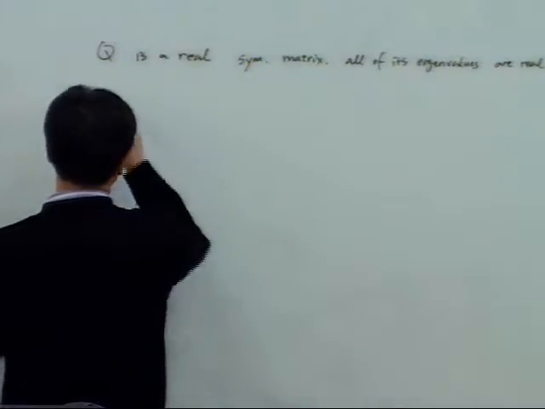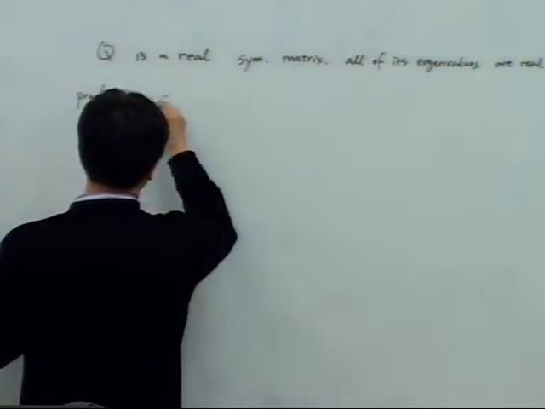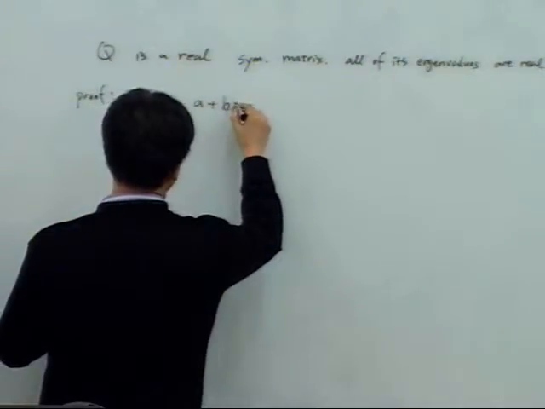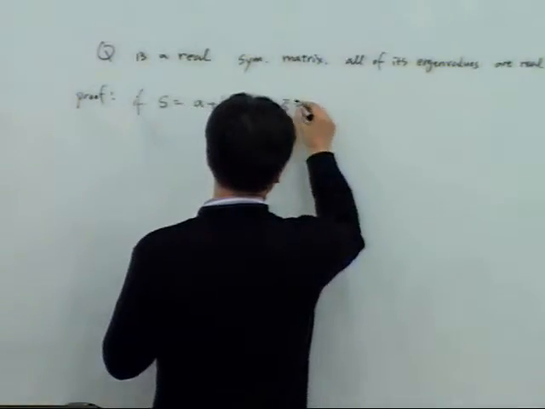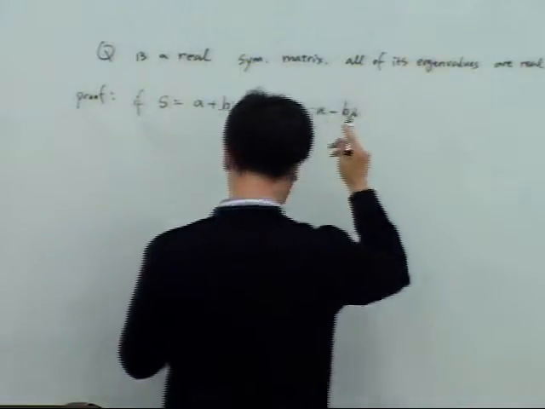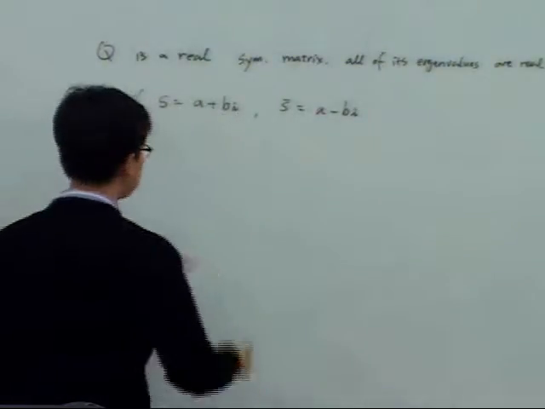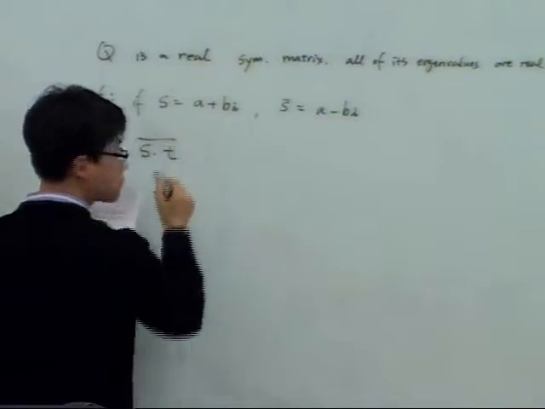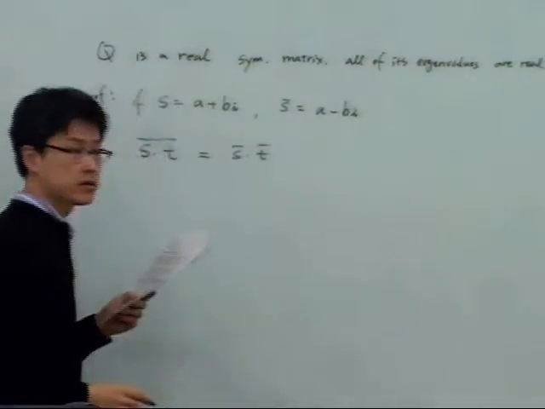Okay, so let's assume s is a complex number a plus bi, and s bar is the conjugate of s, a minus bi. Then we know that the conjugate of s times t is s conjugate times t conjugate, right?